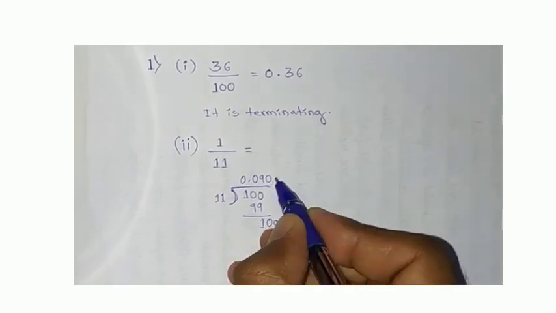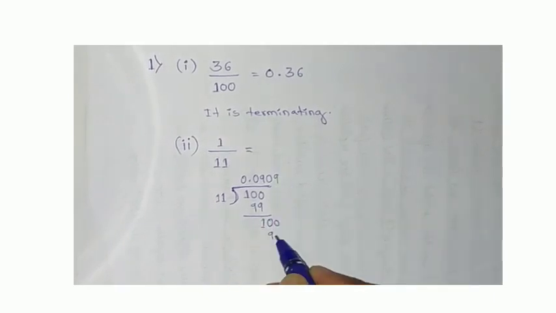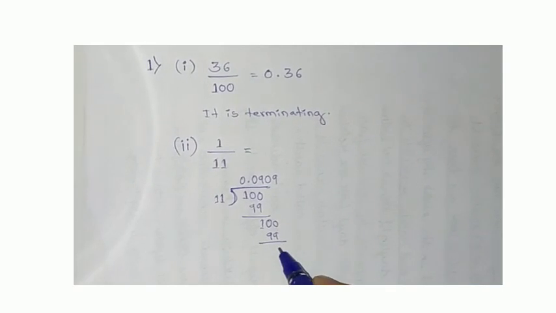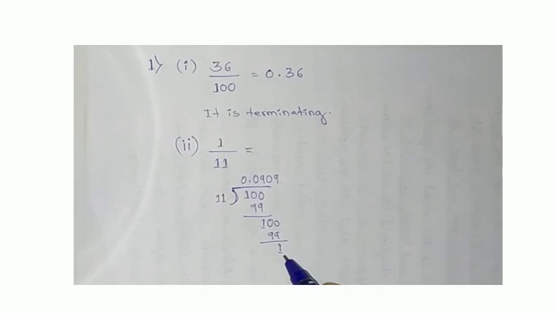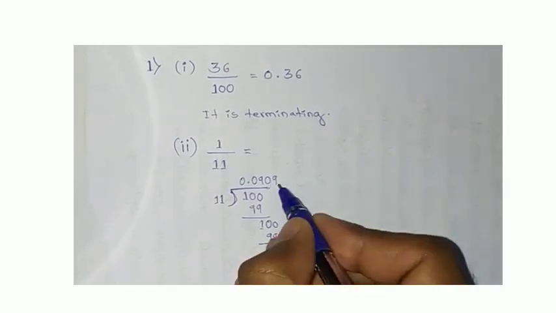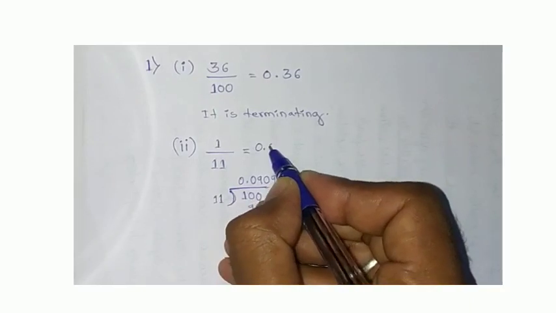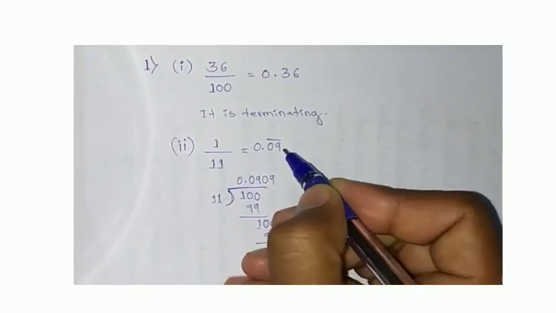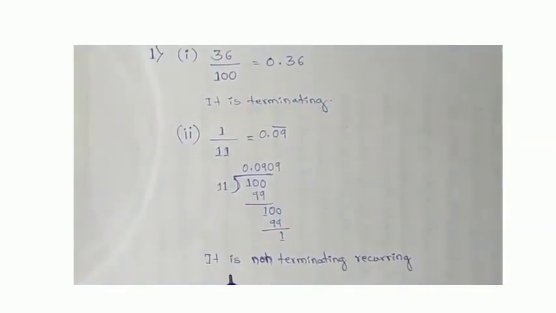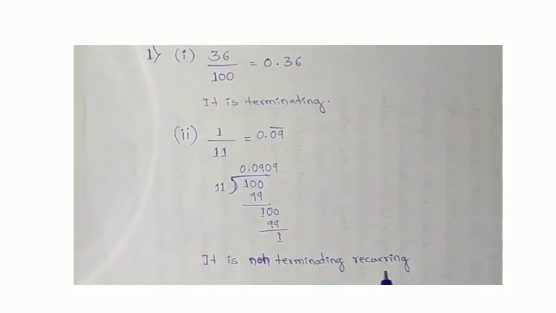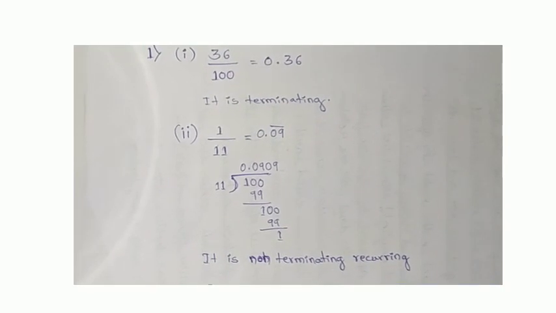Again 11 nines are 99, so 100 minus 99, we got 1 again. So it means 09 is repeating. So we can write it like this, 0.09 bar, which is non-terminating recurring. Like that, you practice the other 4 problems.